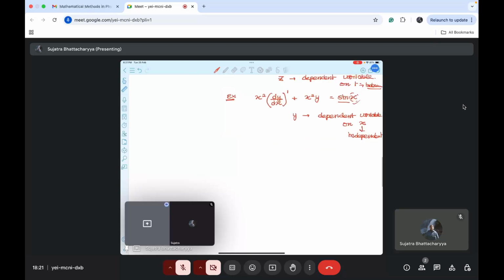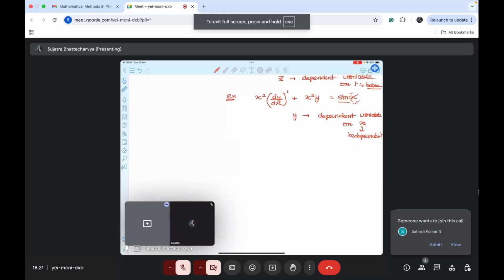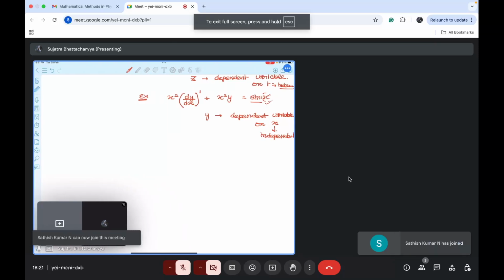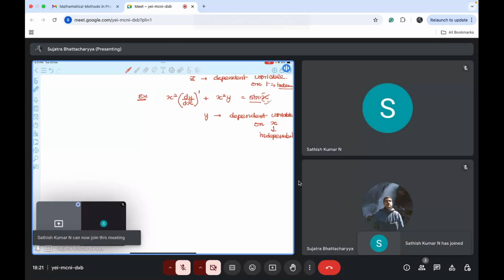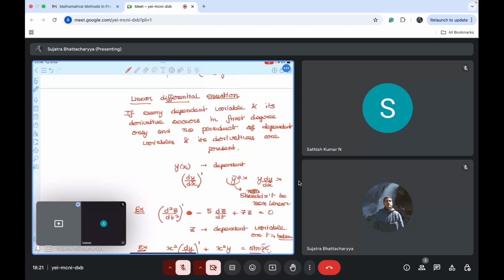Okay, we talked about the linear differential equations. Now let us talk about the non-linear differential equations. Simple. If I write an example, you will understand very easily. Non-linear differential equations are those equations which will not follow these linear conditions.